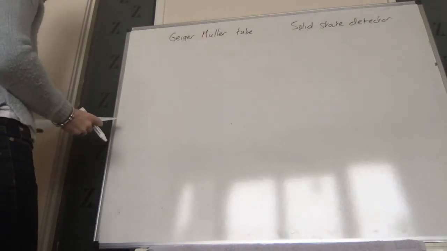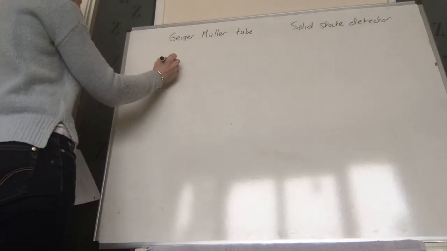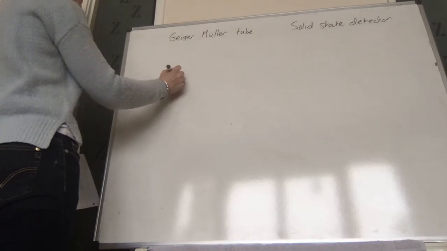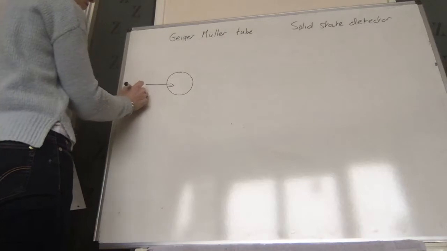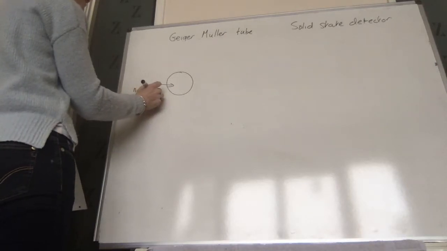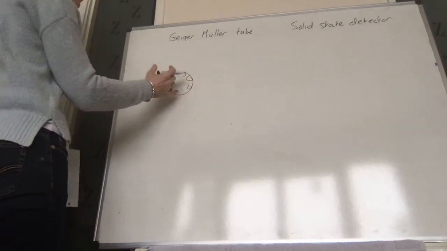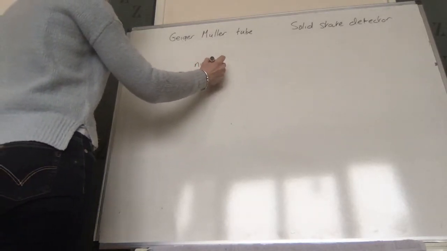Okay, artificial radioactivity. Basically, a lot of the stable atoms can be made radioactive. If you take the nucleus of a stable atom and you fire neutrons into it, giving it added neutrons, remember, you start to make the nucleus unstable.